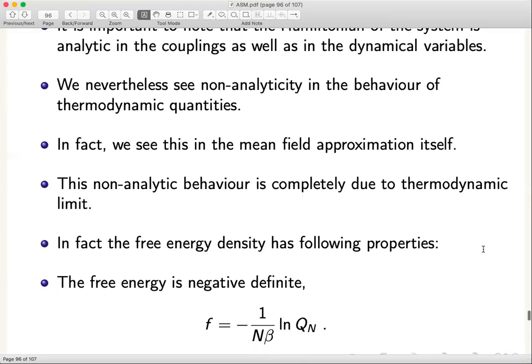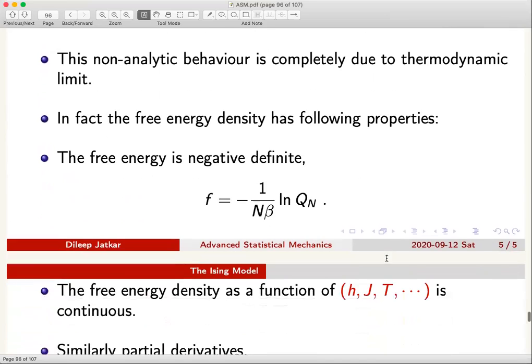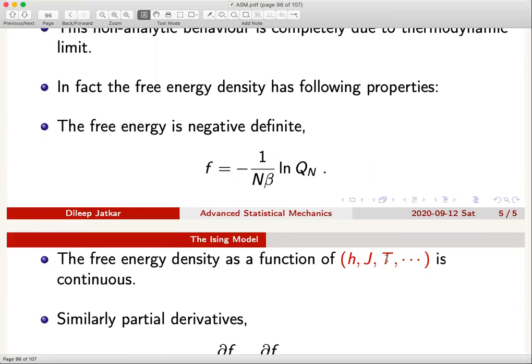Okay, now let us try to look at the free energy density for this system. The free energy density is negative definite, because it's like -1/n times beta times log of Q. So it's a negative definite quantity, and the free energy density as a function of all these variables h, j, t, and so on is a continuous function.